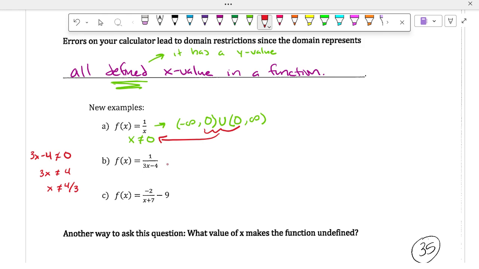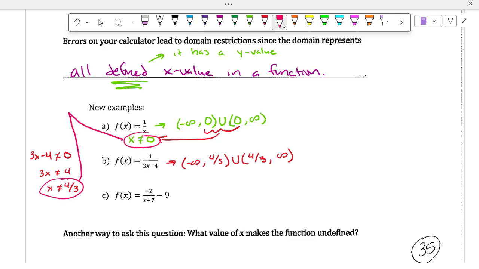So that means our domain would be what? No bracket. Union. 4/3. Good. Now, these values that we're finding are what we call excluded values or your restricted domain.